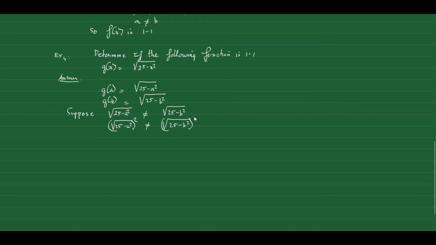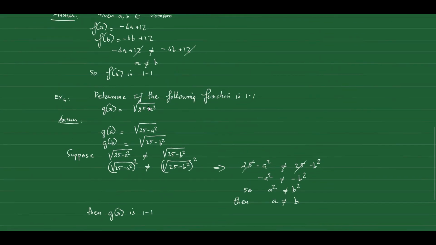And when we square them, it gives you 25 minus a squared different from 25 minus b squared. So cancel this, so you have negative a squared different from negative b squared. So a squared different from b squared, then a different from b. Alright, so I just showed that given g(a) different from g(b), we get a different from b. Okay, so this one, then, g(x) is a 1-to-1 function.